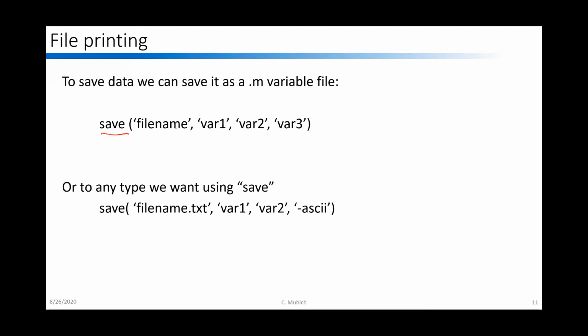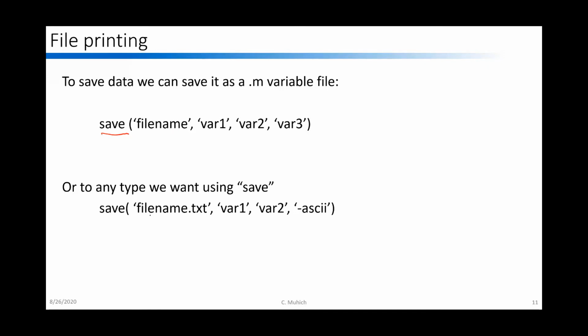So if we do it just like this with just a file name, this is going to store it as a .m file. All right, so specific to MATLAB. To be a little bit more useful and portable, we may want to save it as something else.